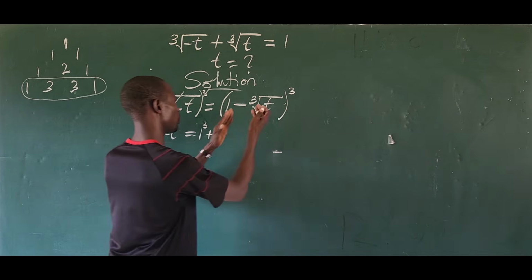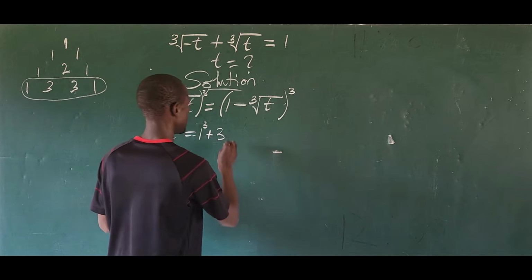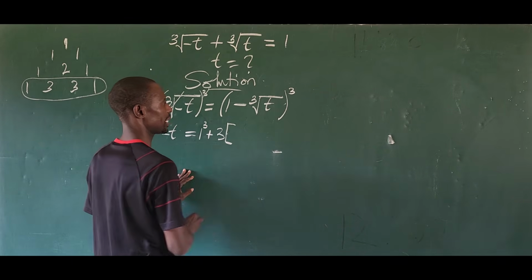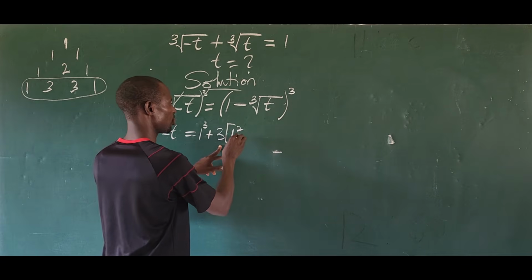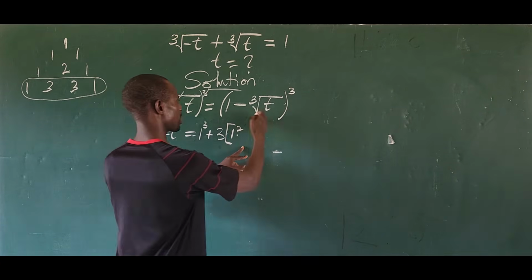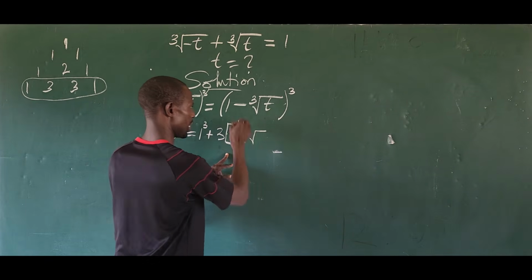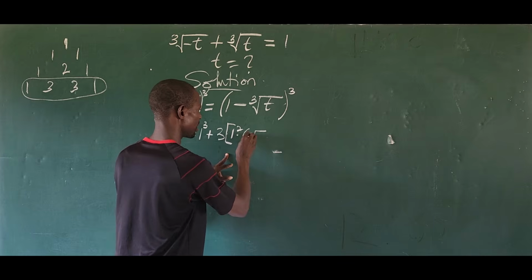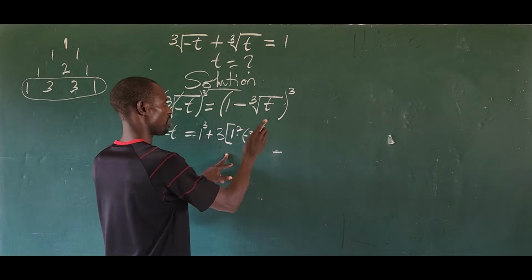And if we go to the next stage, we're going to have the coefficient, which is 3, then times, let's put a square bracket here. Then what is our 1? Our 1 will be raised to power 2, then times, let's put our dot here, times the second quantity here is going to give us the cube root, but here we have a minus. So we have here minus the cube root of t, all raised to the power of 1.